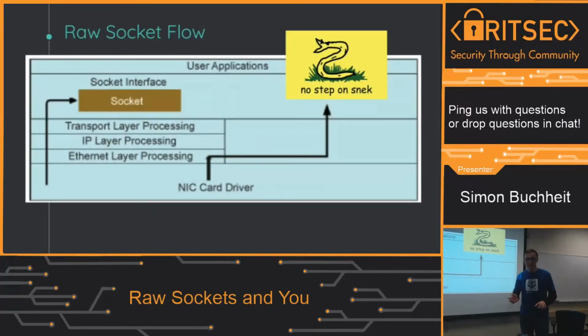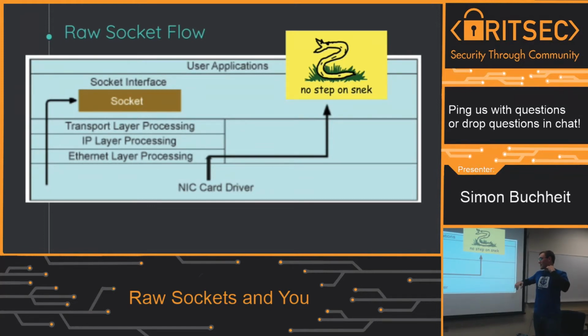So real quick, let's look at how a raw socket flows through the networking stack. On the left, this is how a normal packet gets processed and interpreted by the networking stack in the kernel. Your NIC receives the packet, and it goes up the layers, boop, boop, boop, boop, and then back up to your application, which is the socket interface.